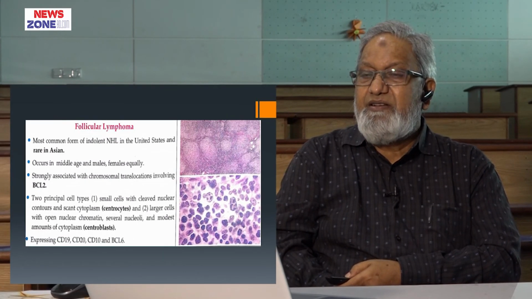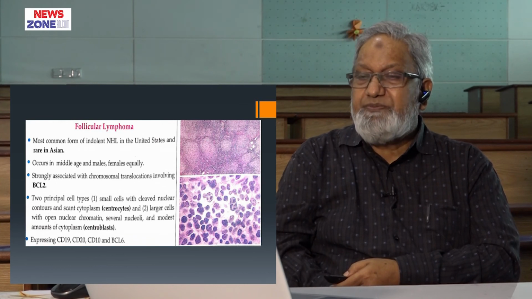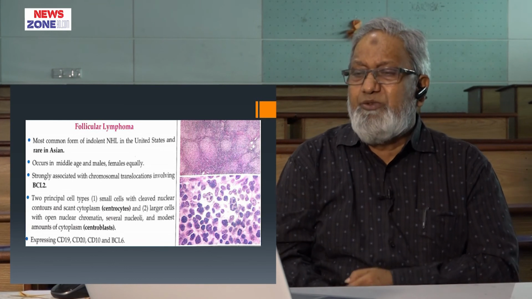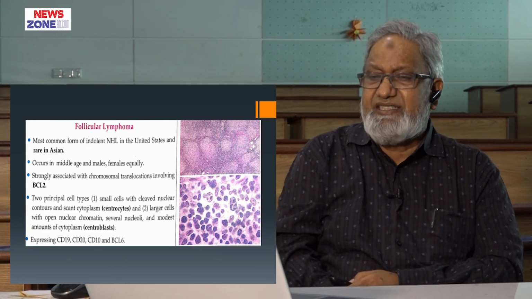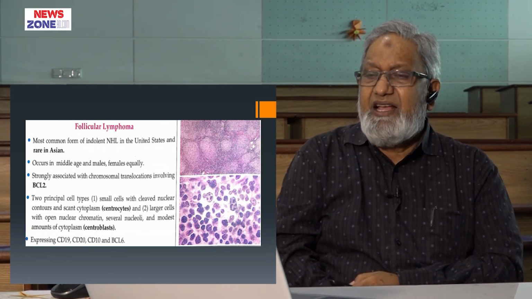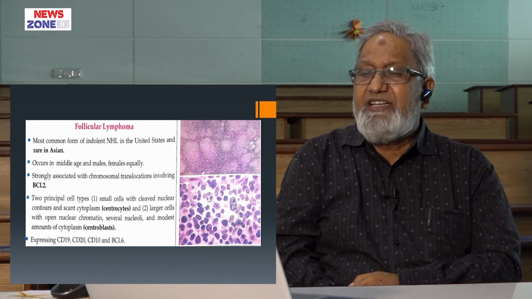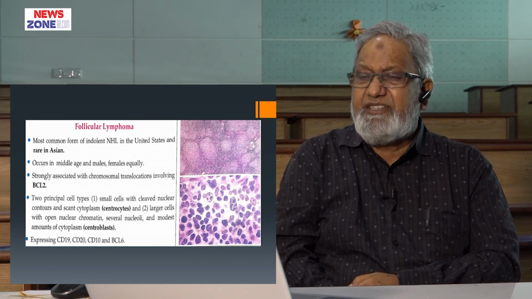So, the follicular lymphoma is the most common form of indolent non-Hodgkin's lymphoma in the United States, and occurs in the middle age group, with men and women equally affected.